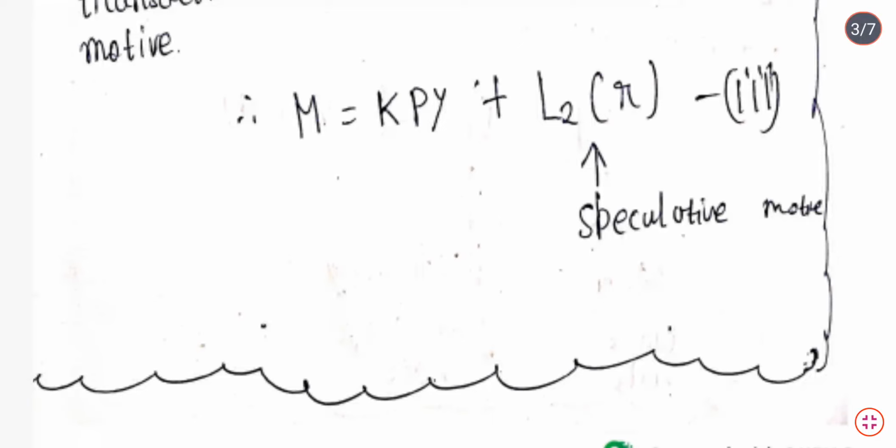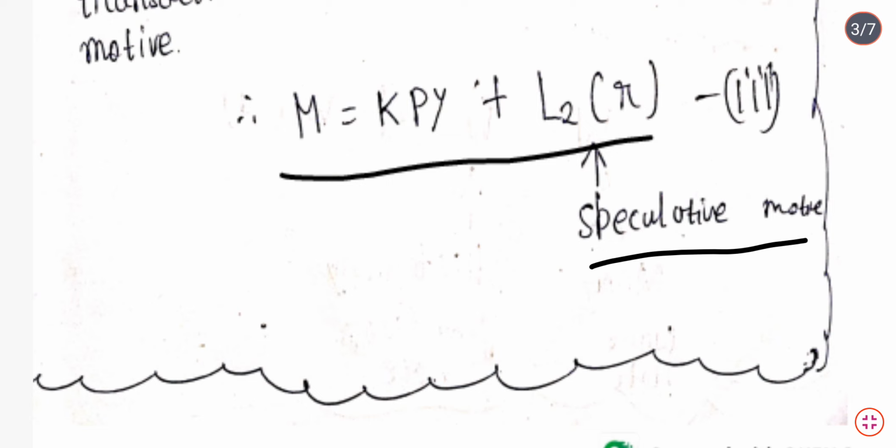It is basically this form: money supply is equal to kPY plus L2 of r. L2 of r is nothing but the speculative demand, the transactions we do under the speculative motive. So this is the money market equilibrium condition.